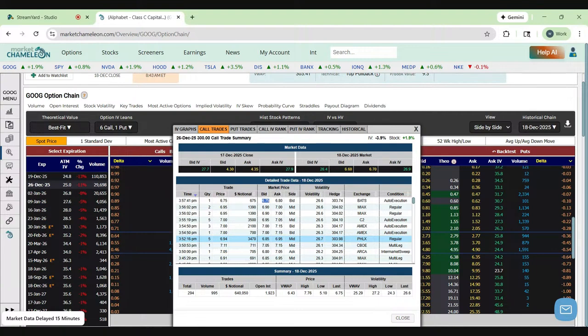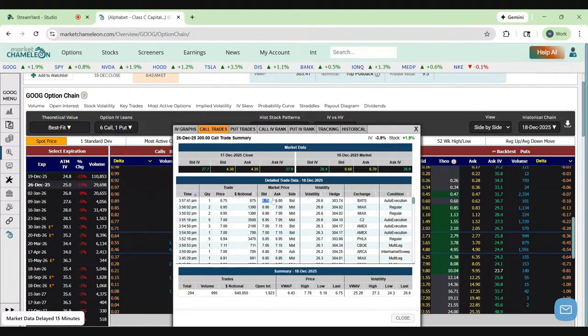If you said, I'll buy one for $6.75, and you don't cancel it and somebody sells it to you, you're obligated to buy it. It's a firm bid. Once you put in a limit order, if you don't cancel it and somebody sells it to you, you're obligated to buy it.